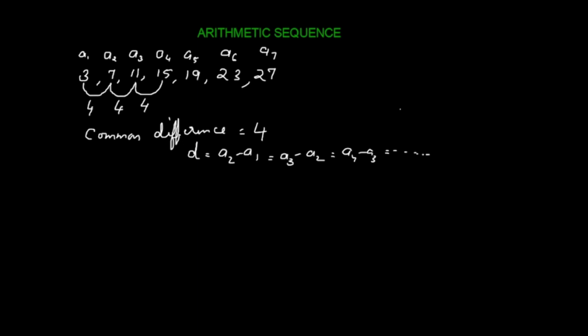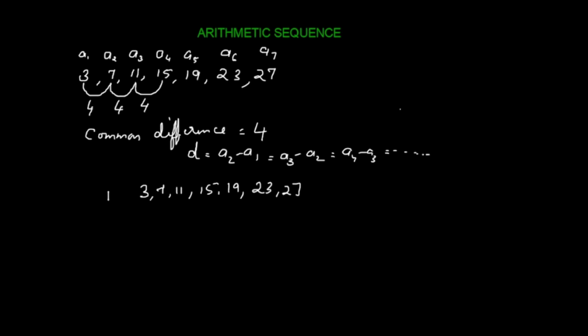Right? Now I'll talk about the arithmetic mean. What is an arithmetic mean? Now this is an arithmetic sequence, right? In the sequence, how can we write the arithmetic mean? Suppose 3, 7, 11, 15, 19, 23, 27. It is an arithmetic sequence, right?